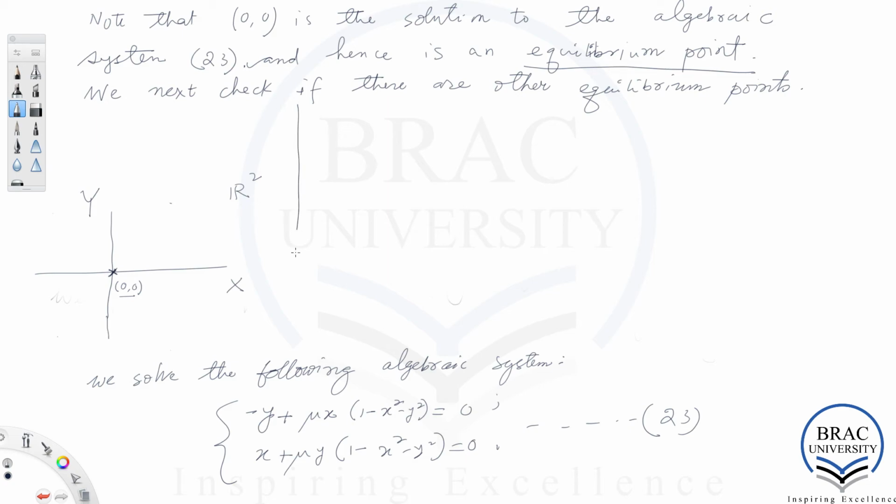So suppose that x is equal to 0 and x squared plus y squared is not equal to 0. What does it mean? x equal to 0 means you are on the y-axis, and x squared plus y squared not equal to 0 means that you are off the origin.